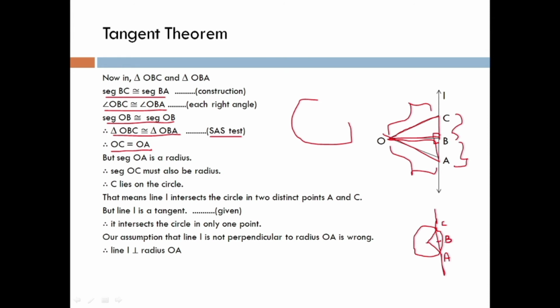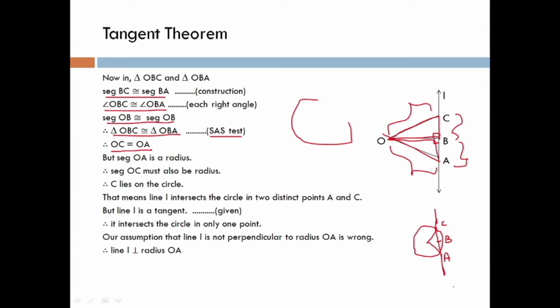If you can just see, this line L is passing through the 2 points which lie on the circle, and it becomes a secant and not a tangent, and we need to prove that the tangent is perpendicular, right? And this is not a tangent, it is a secant.